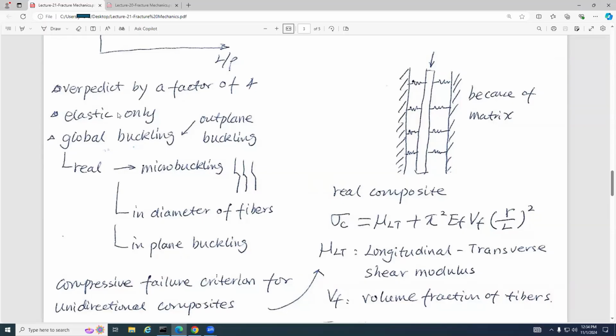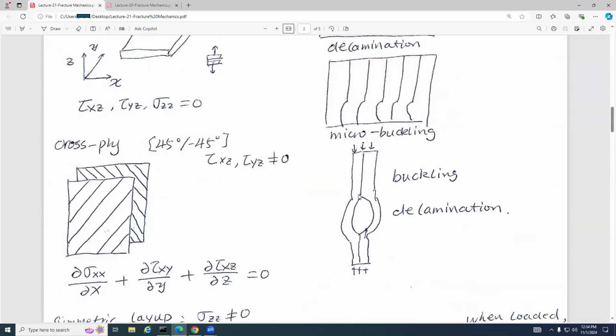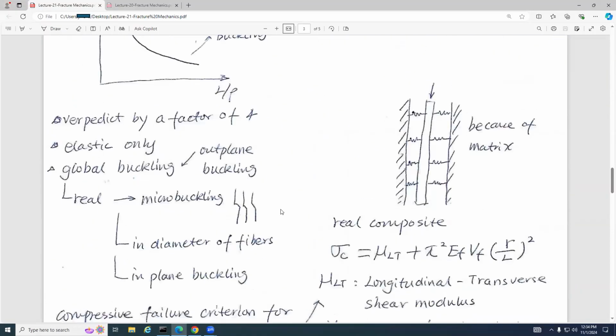This is for elastic only. This might have global buckling, and also micro buckling. Micro buckling is the buckling of the fibers.